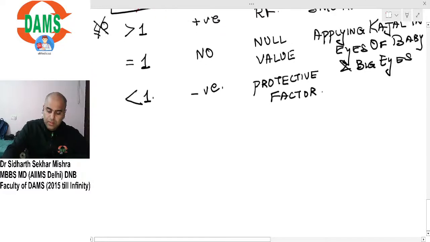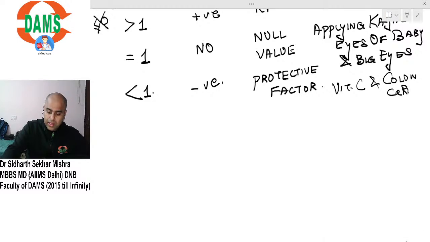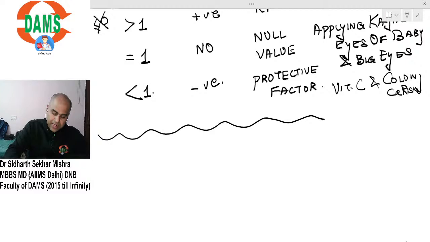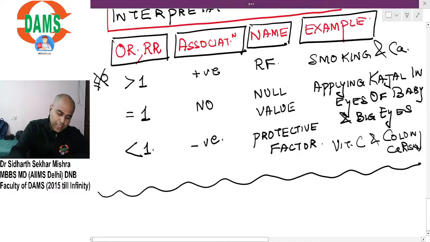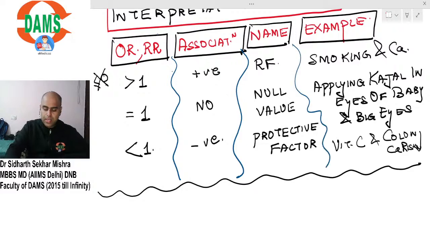Less than 1: vitamin C and colon cancer, risk decreases. Again, a very simple but important table, guys, for all of you. Yes, I hope I'm clear with this. No problem.